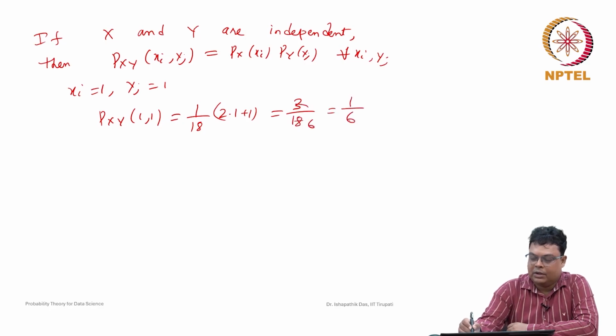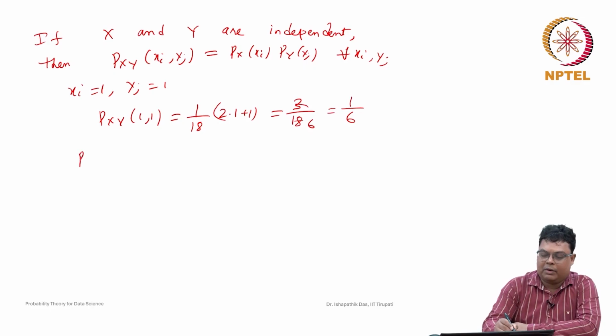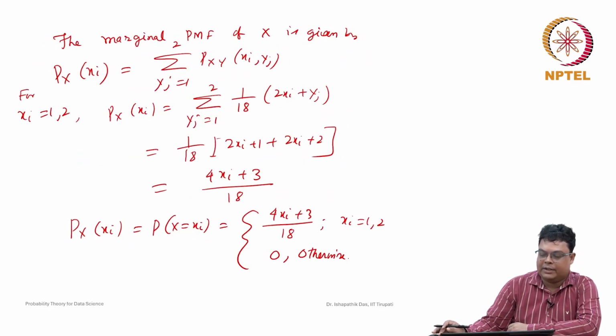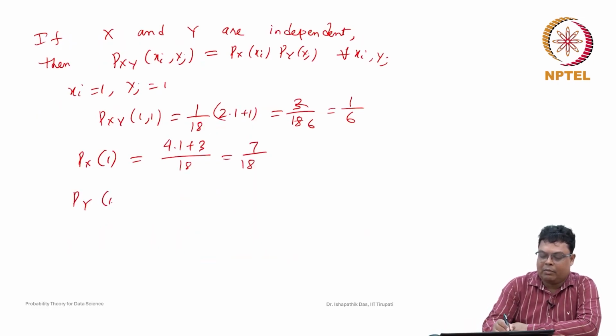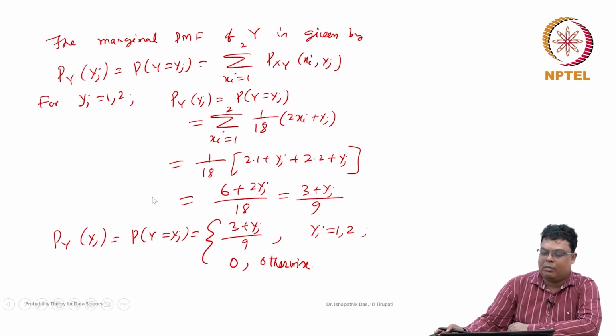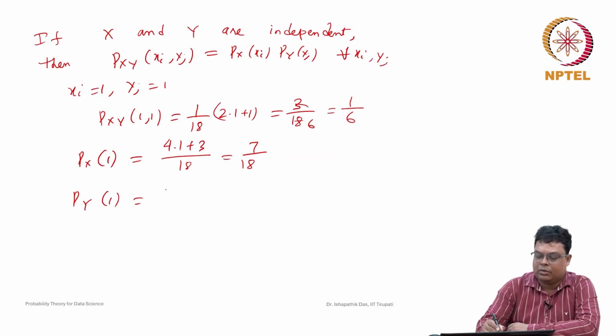So this is 1 by 6. Now px of 1 is 4 into 1 plus 3 by 18, so this is nothing but 7 by 18. And py of 1, what is the value? So py of 1 is 3 plus yj by 9, so 3 plus 1 by 9, which is 4 by 9.